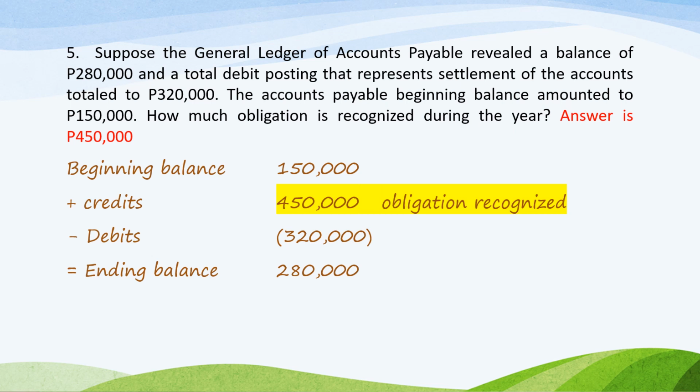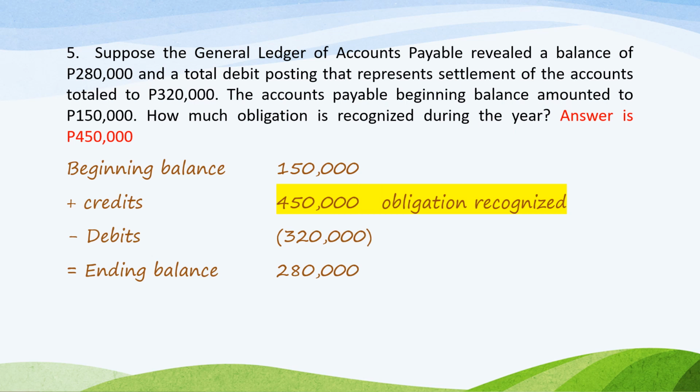So to get the amount, we have a beginning balance of 150,000 and then minus 320,000. What is the amount to be added for us to have an ending balance of 280,000? We can also reverse the mathematical operation.